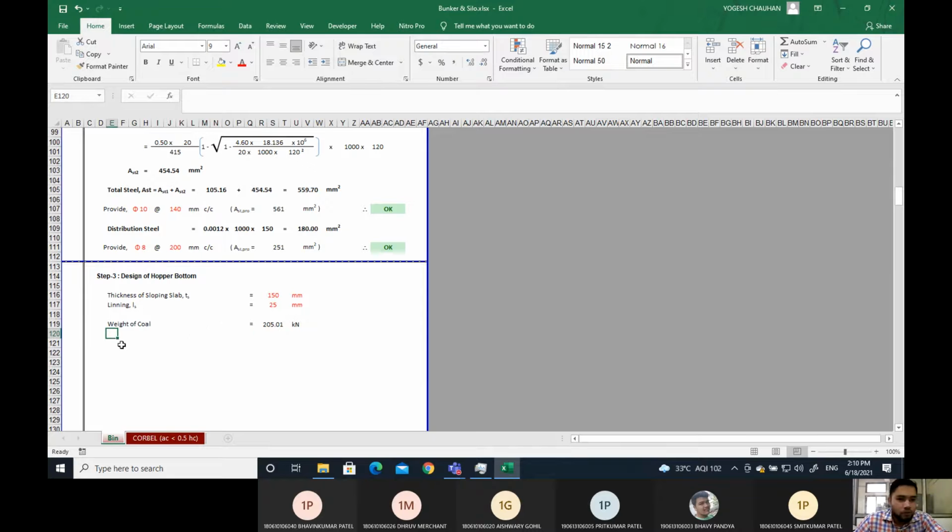Now we need to also include the self weight of the sloping slab, that is the hopper itself. So the self weight of the sloping slab.